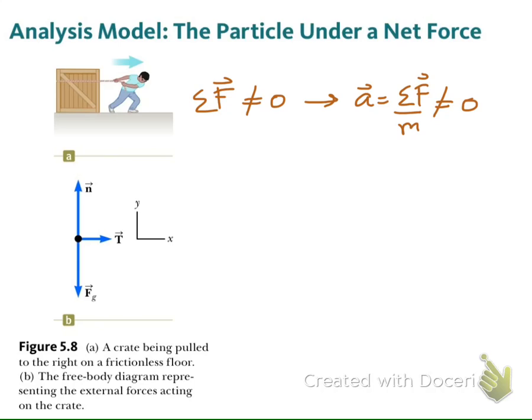we know that we have the force that this man pulls the box, okay, and this force is transmitted to the box through the tension in the string or in the rope here.